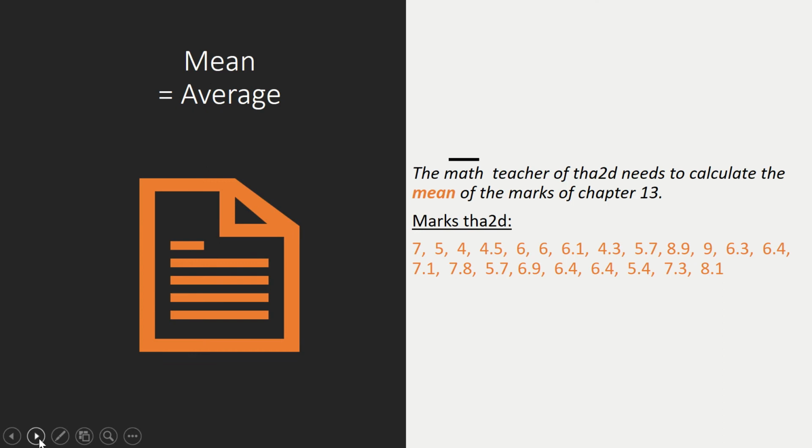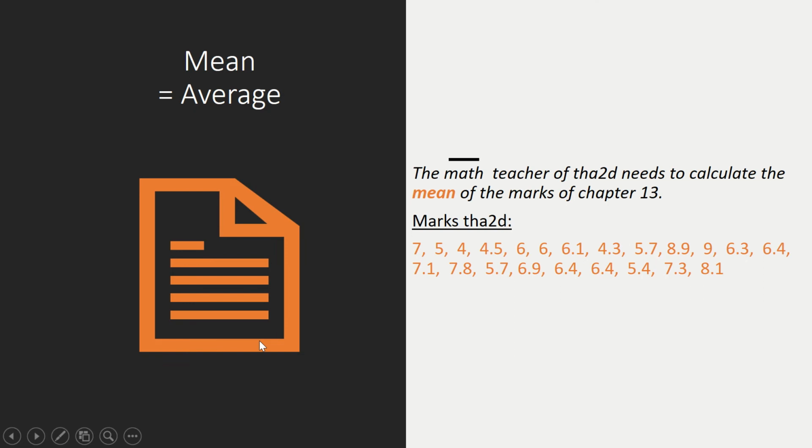The marks of TH2D are 7, 5, 4, 4.5, 6, 6, 6.1, 4.3, 5.7, 8.9, 9, 6.3, 6.4, 7.1, 7.8, 5.7, 6.9, 6.4, 6.4, 5.4, 7.3 and 8.1. You can see that the order of all those numbers is random.